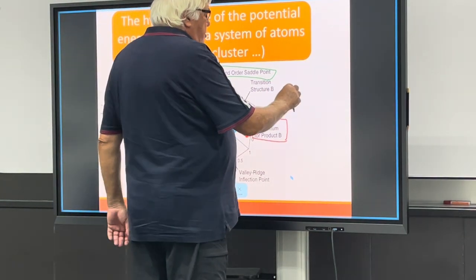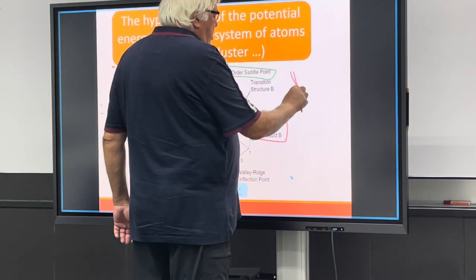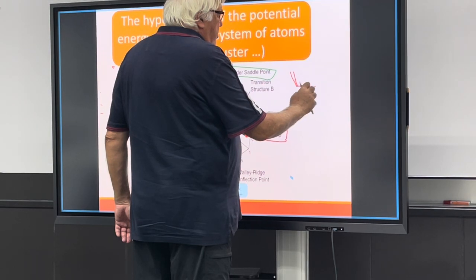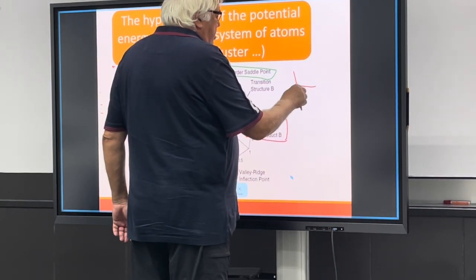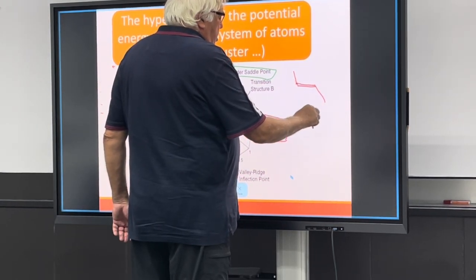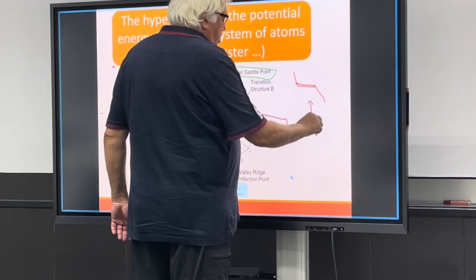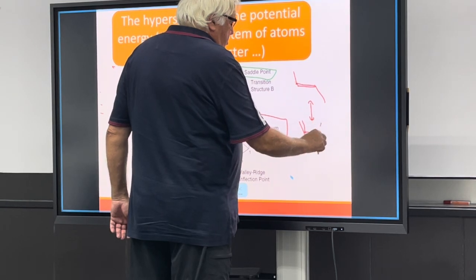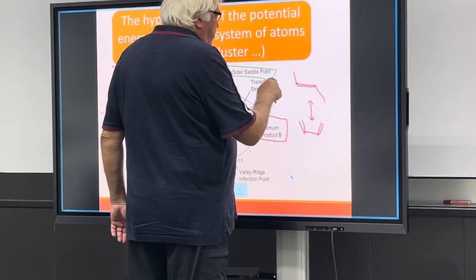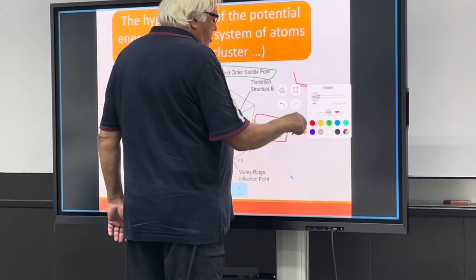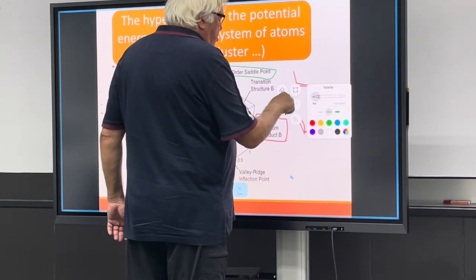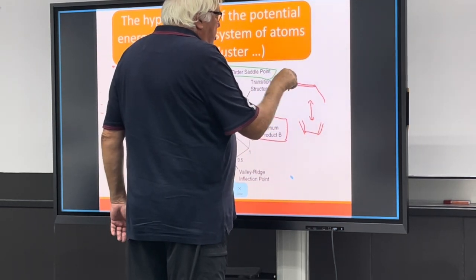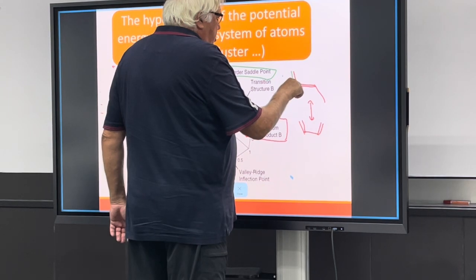isomerization, let's say we have something like this in equilibrium with something like this. We have so many dimensions. We have the dimension of this distance here.